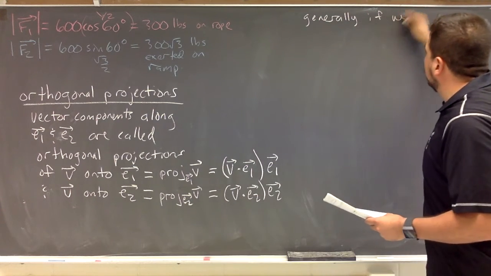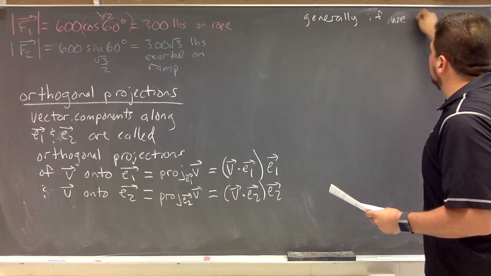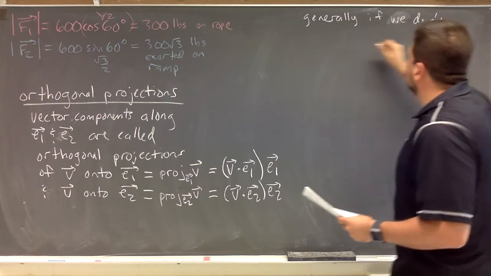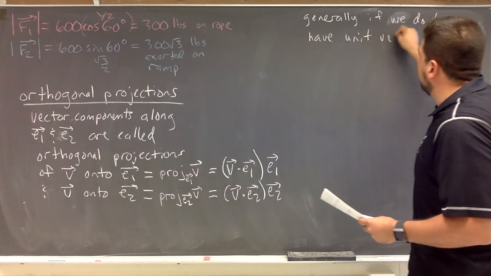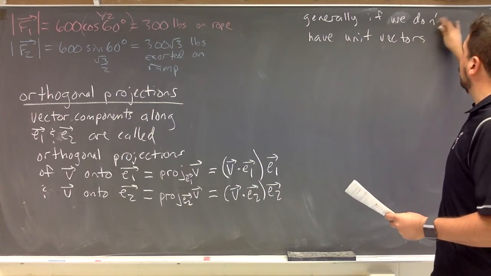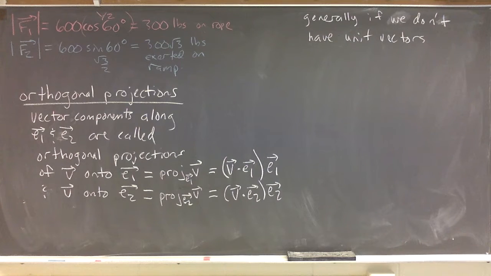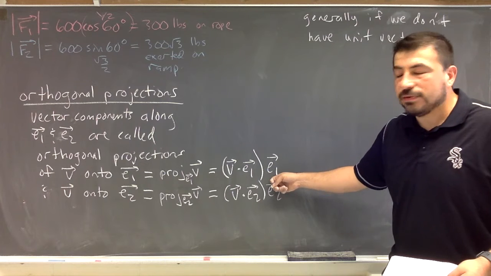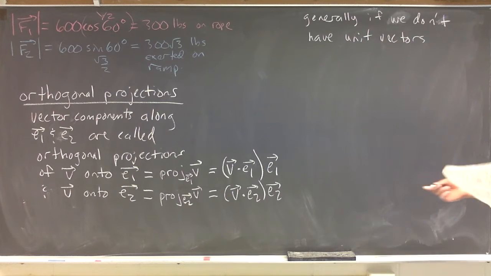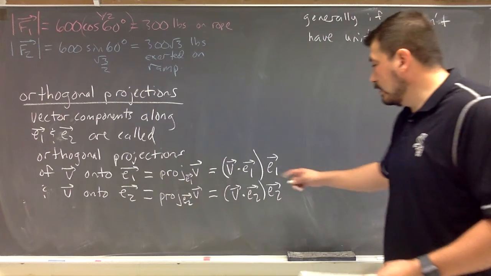if we don't have unit vectors, okay, remember the first thing I think I mentioned in the previous example was that you need to normalize them. Okay, so let's go ahead and let's normalize it.